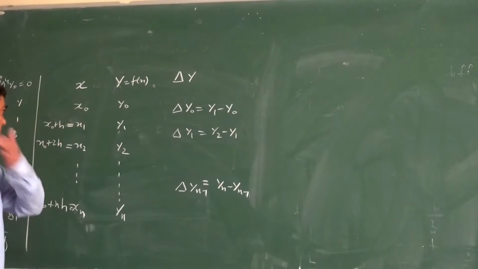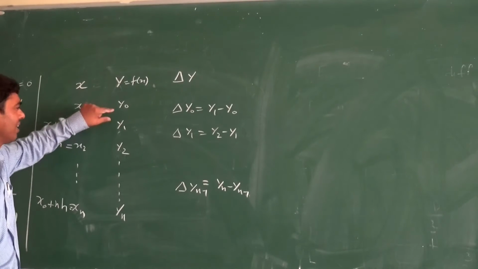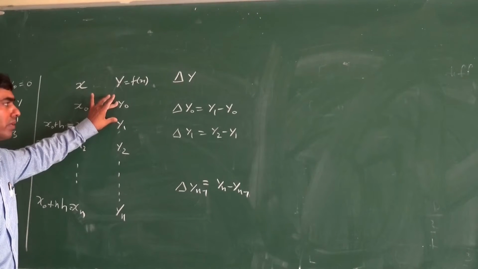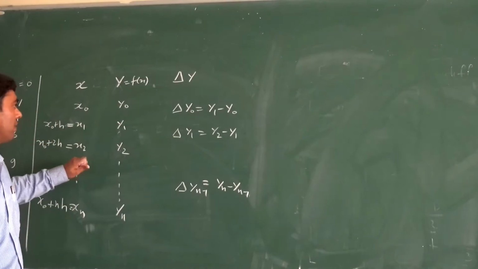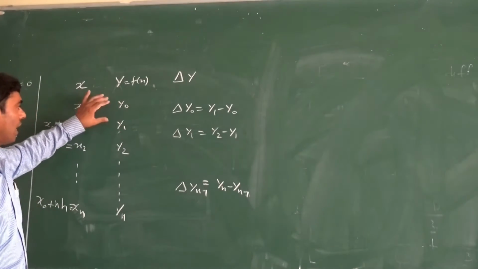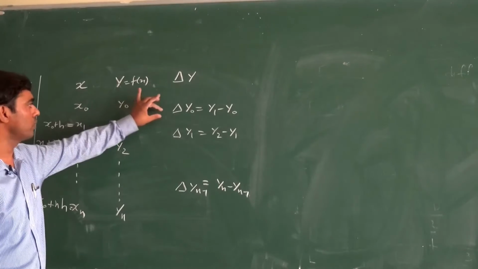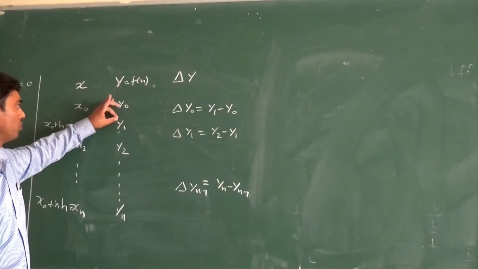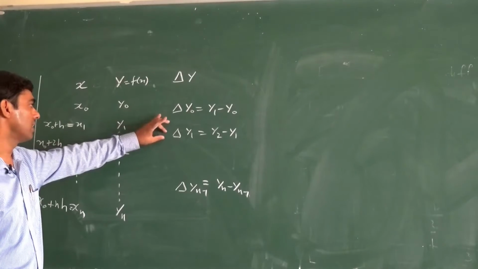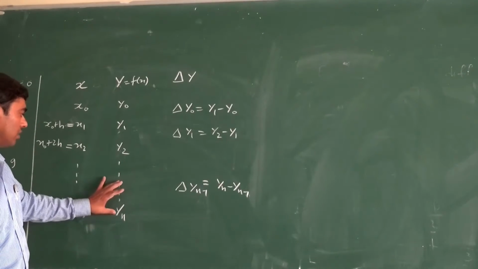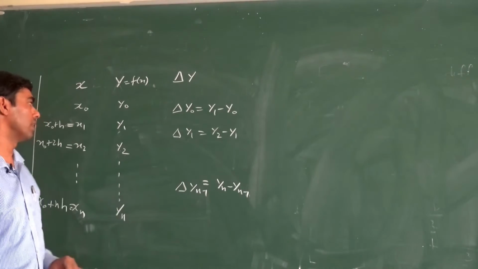This is not a very tough process, it is a very easy process. The difference of y1 minus y0 is del y0, and we always write the difference of these two values in the middle of these two values.